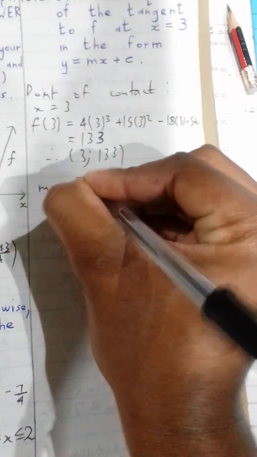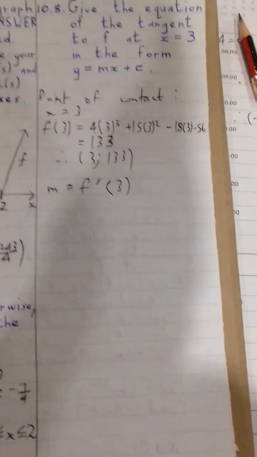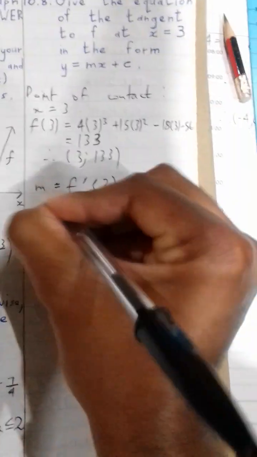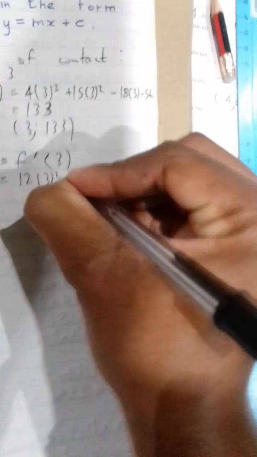Now we need to find the gradient. The gradient is the first derivative at the point of contact. So it's f prime of 3. Okay. First derivative is 12x squared plus 30x minus 18. So 12 times 3 squared plus 30 times 3 minus 18.